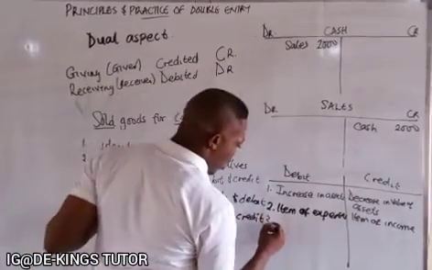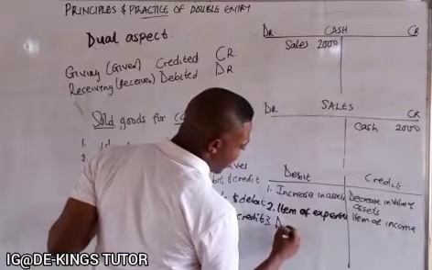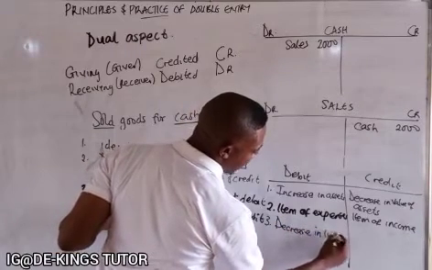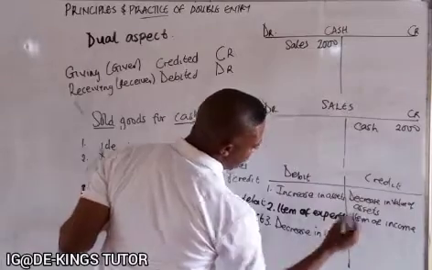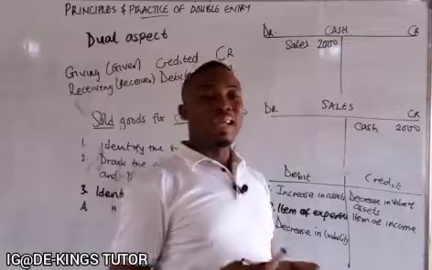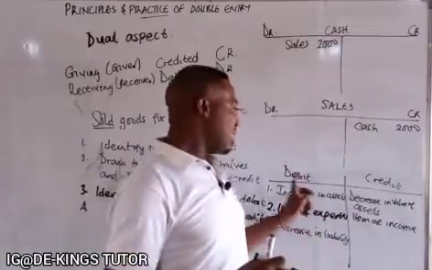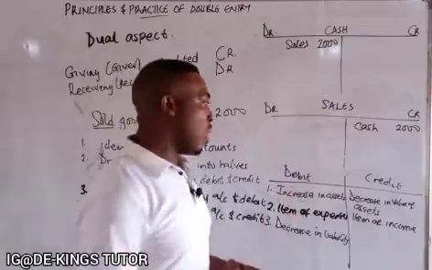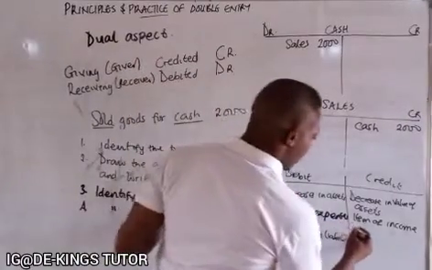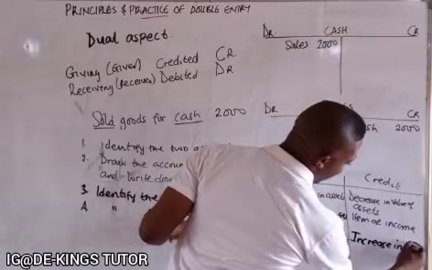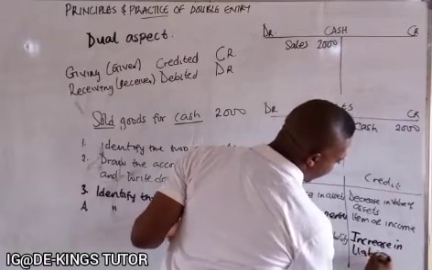The third one, debit can be a decrease in liability. Liability means the money that is owed to outsiders. So when there's a decrease in that liability, it relates to the debit, when an item is debited. While a credit relates to an increase in liability.